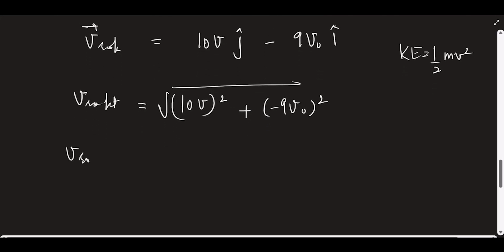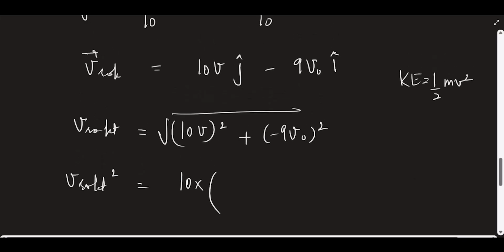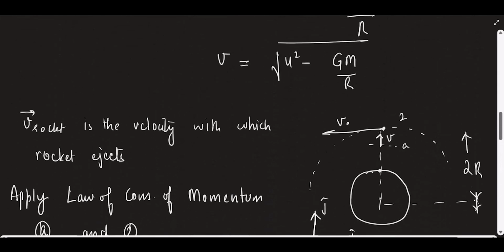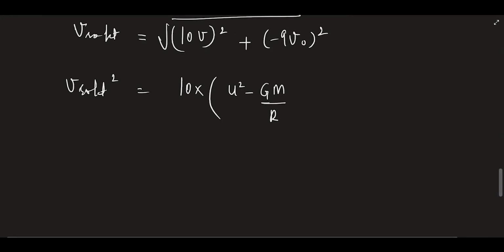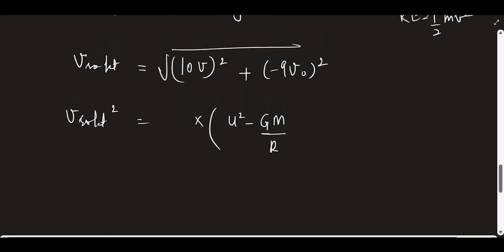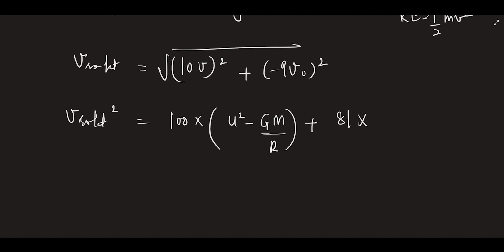So from here if we find v rocket square, it's going to be 10, and the value of v we already calculated, it's u square minus GM by r. From here v square, so u square minus GM by r. This 10, sorry, this will be 100, and this will be plus 81, and v0 is GM by 2r.